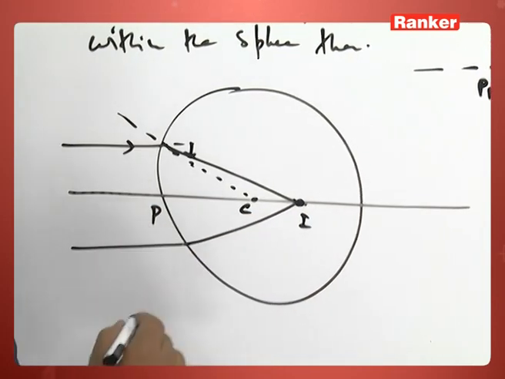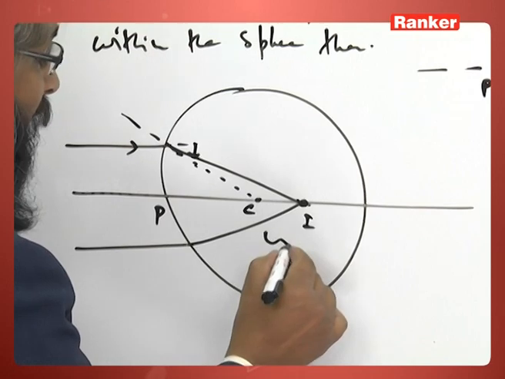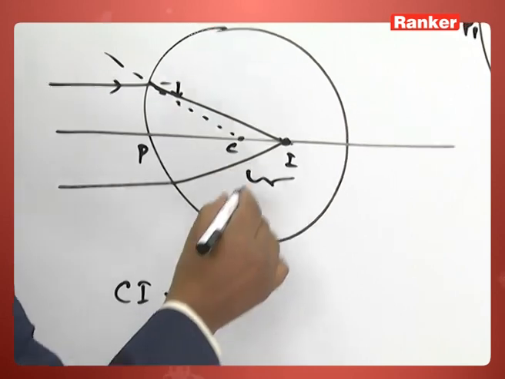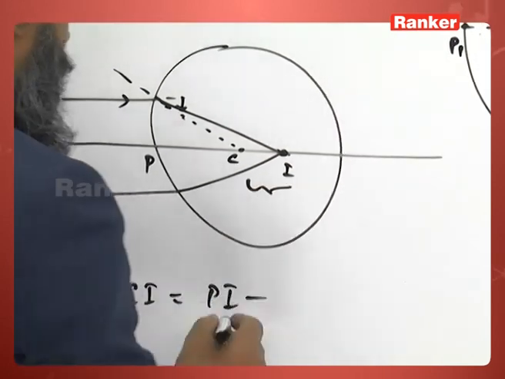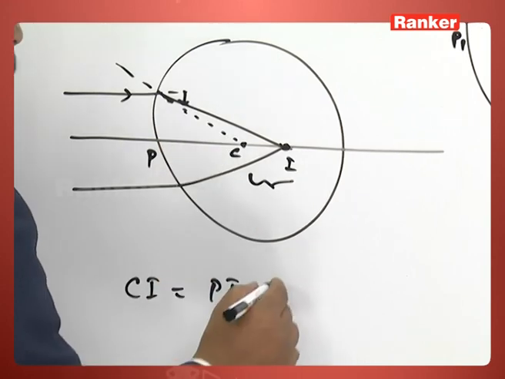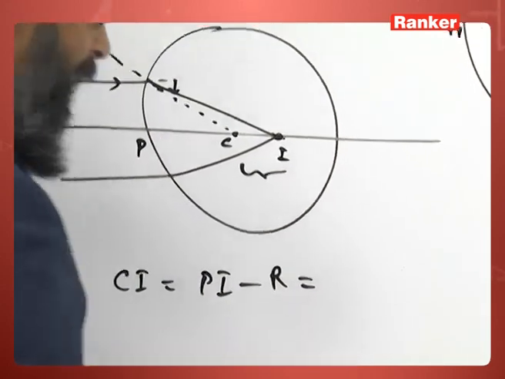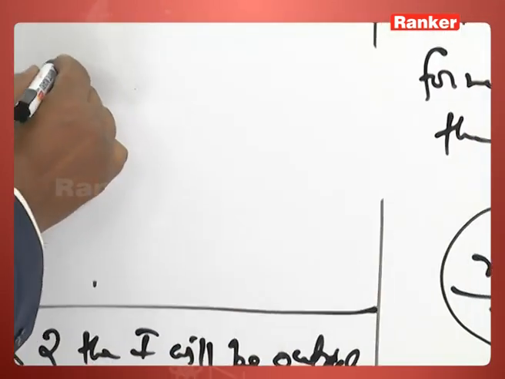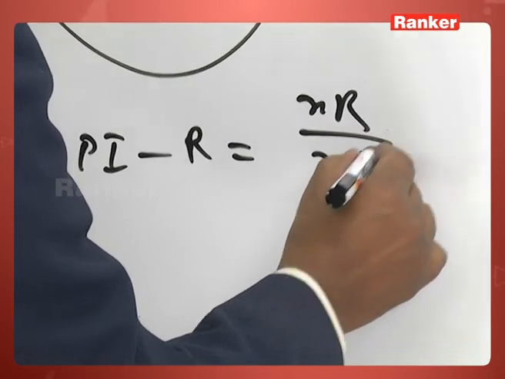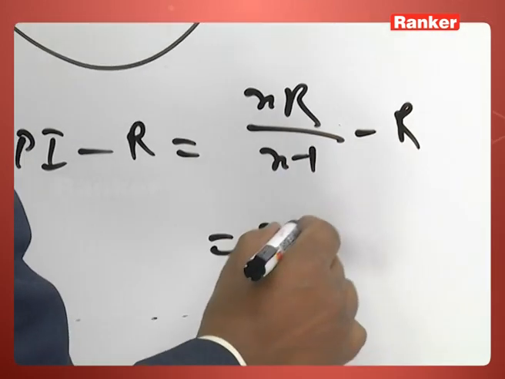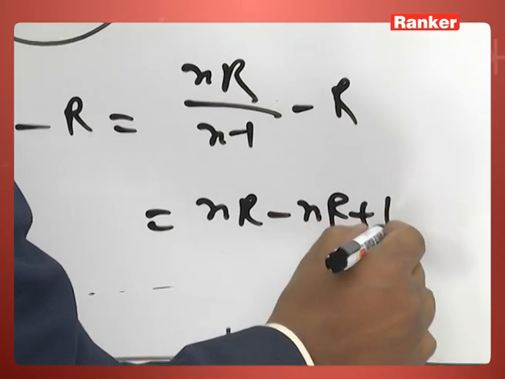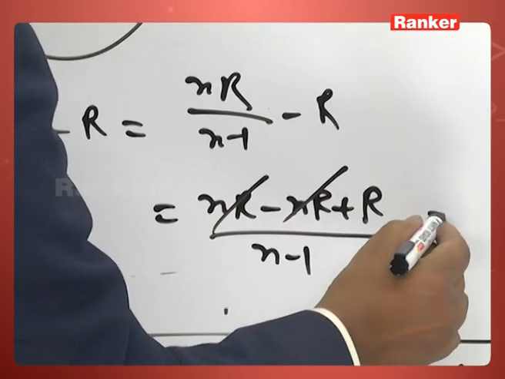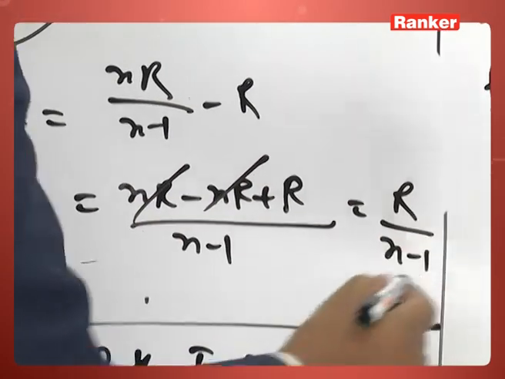And what will be the image distance from this center? So this CI will be PI minus this distance R. We have already calculated PI as nR by n minus 1, minus R, that is nR minus nR plus R by n minus 1, the nR cancels, that is equal to R by n minus 1.